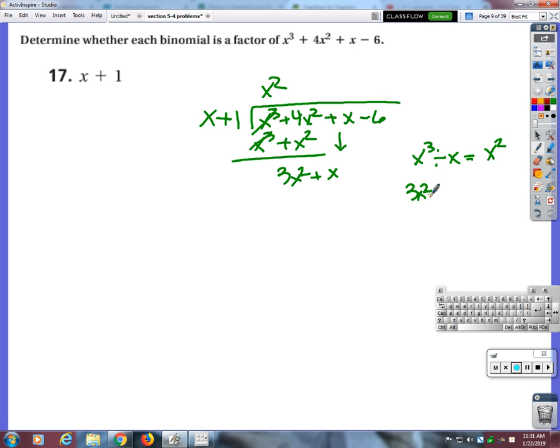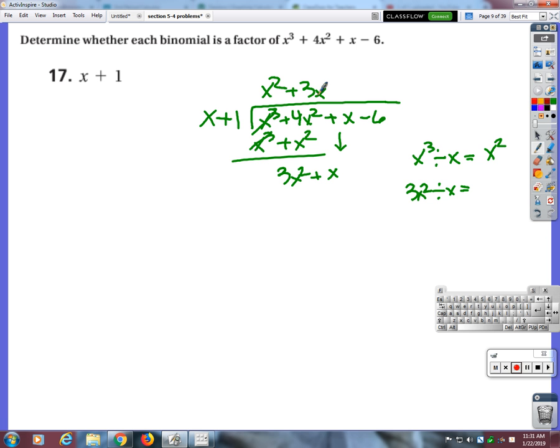So then you go first term here, 3x squared, divided by first term here, which is x. What's 3x squared divided by x? 3x. The 3 stays the same, but this x cancels one of those x's, so the x squared becomes just an x. Now what?